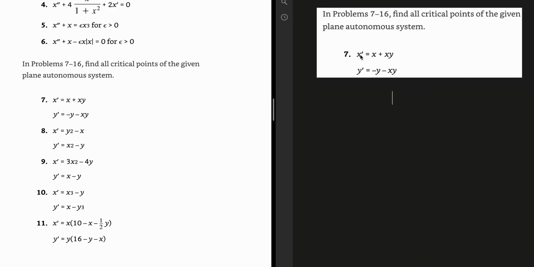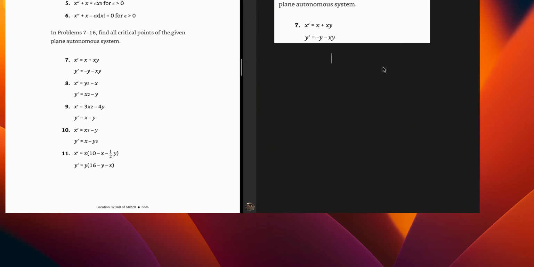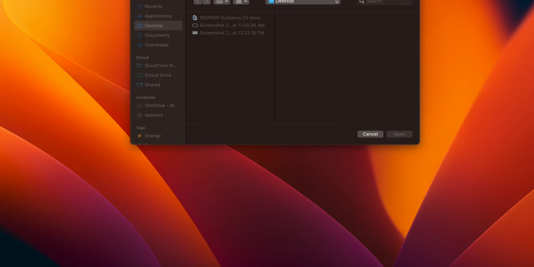As you see, x is dependent and y is also dependent in the system, so they're both dependent variables. These equations are both autonomous, and since they're two equations linked to each other, they're a system. So let's go over to MATLAB and see how we can solve this quickly.